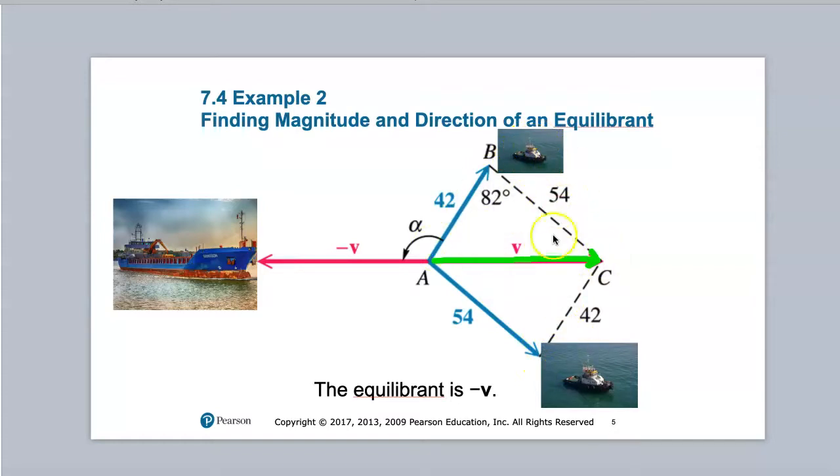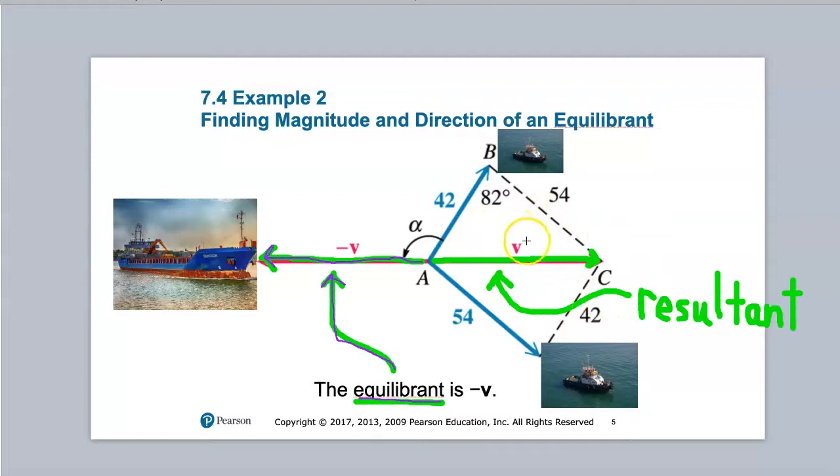They need to pull at a force that is going to move this other boat, but this other boat is pulling against them with its own force. And so the equilibrant is going the opposite direction. Here in green you have this positive vector v, and this is the resultant, and then over here in green and purple you have negative v, which is the equilibrant.